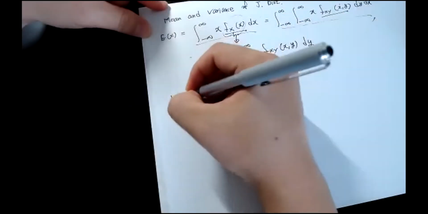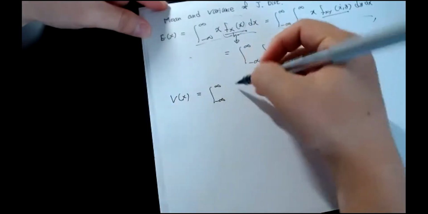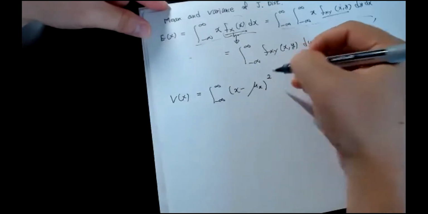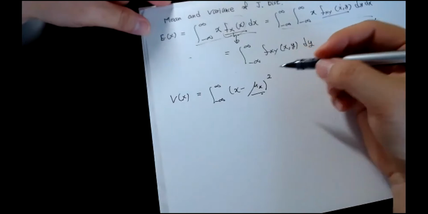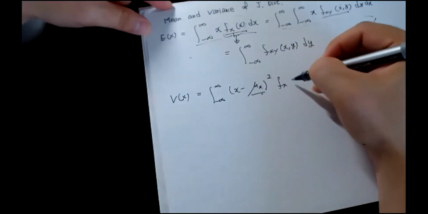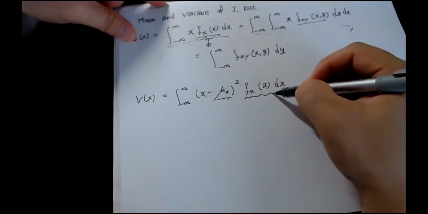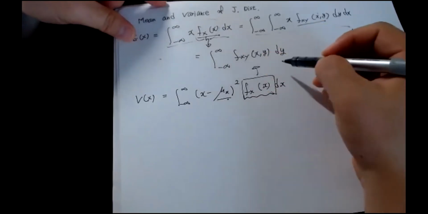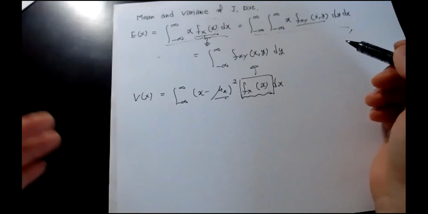What about variance? V of X is equal to the integral from negative infinity to infinity of (x minus mu_X) squared times f_X(x) dx. What is mu_X? This is the mean of the joint distribution, E of X. And what is f_X(x)? It is the integral of the joint PDF with respect to y.